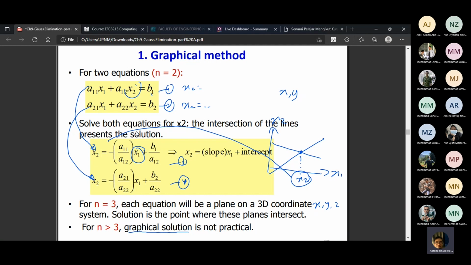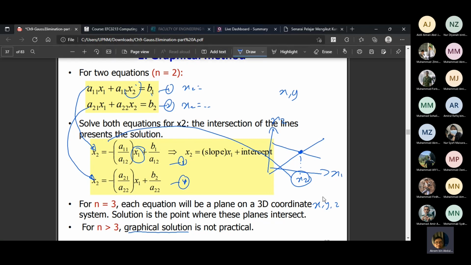So when we find the point of intersection between these two lines, dia akan bagi kita value untuk X1 dan juga X2. So kita dapat solution from the intersection point between these two lines.